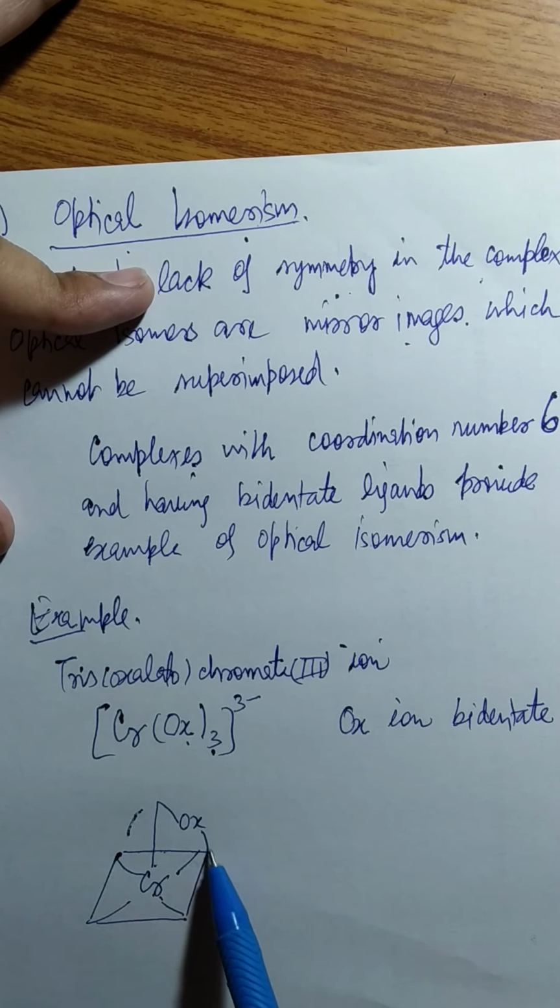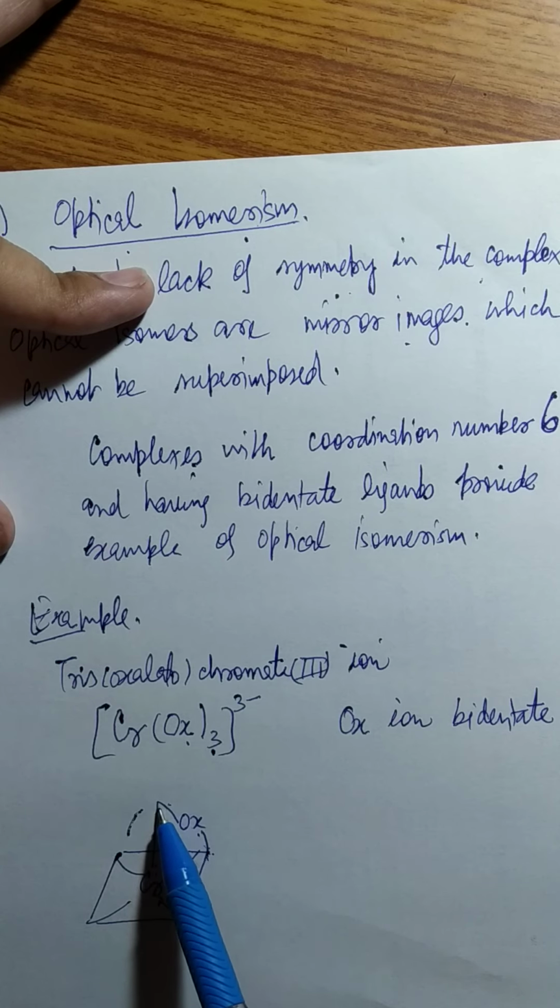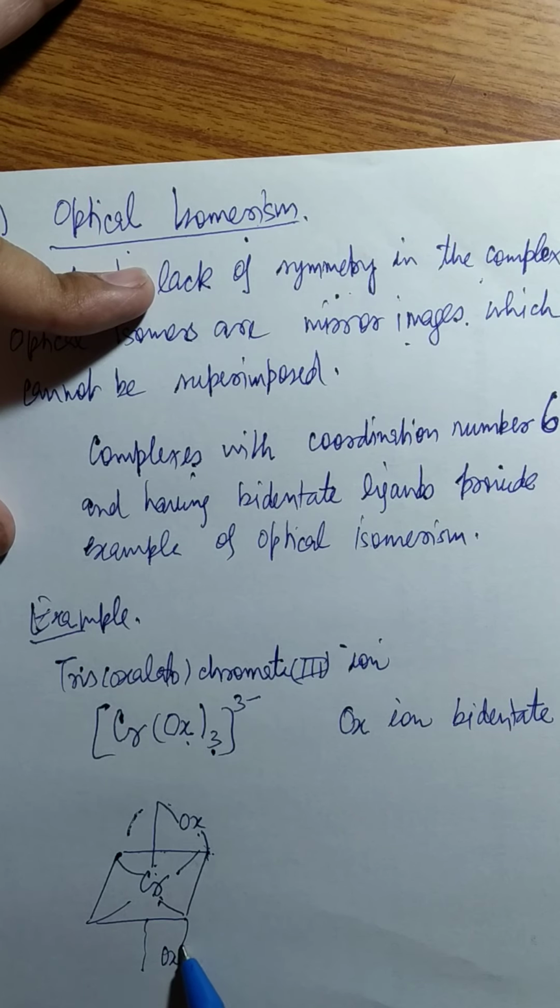like this. Bidentate means there are 2 ends of the oxalate ion which coordinate with the chromium metal, first from this side and the second one from above the plane, and the next one is an oxalate ion in this way, below the plane, and one end of this oxalate ion coordinates with this, and the third coordinates like this.